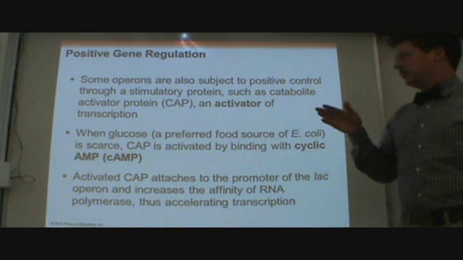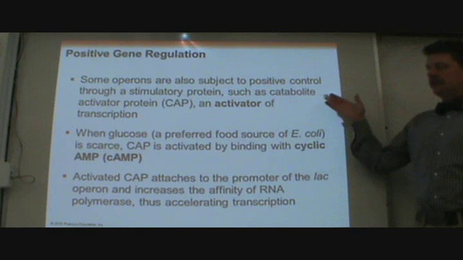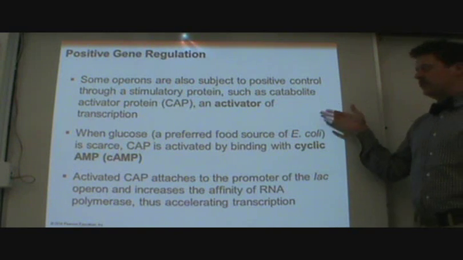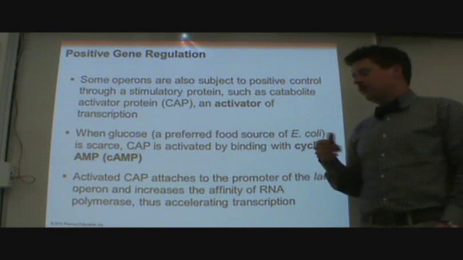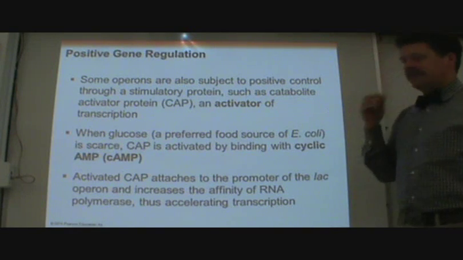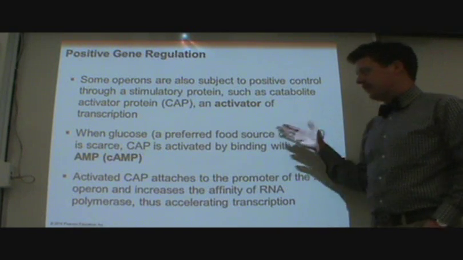And one example of this is a protein called the catabolic activator protein, which we'll just refer to as CAP, and that activates transcription, okay?